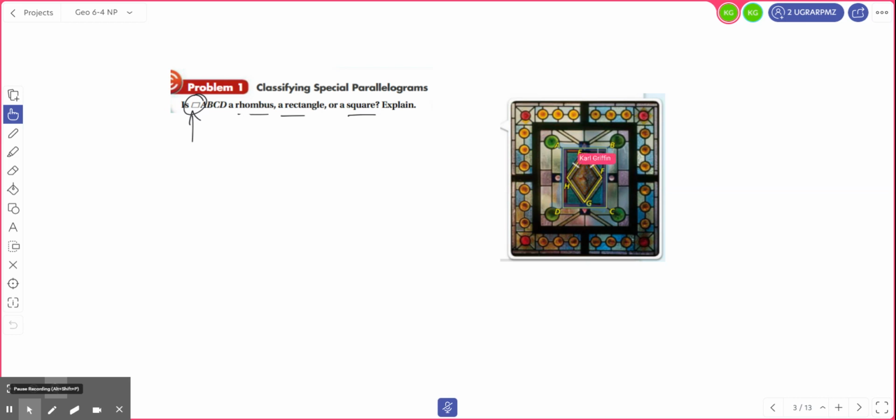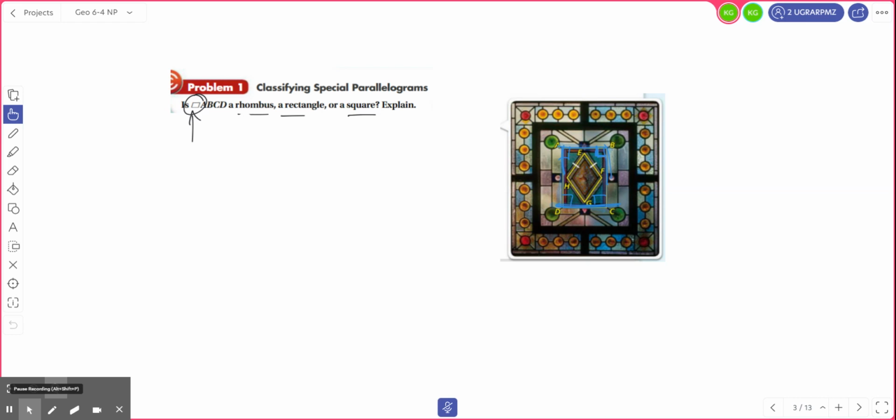Well, it has a right angle. And if this is a right angle, and it's a parallelogram, then side AD and side BC are parallel, so this will also be a right angle. And side AB and DC are parallel, so these will be right angles down here.